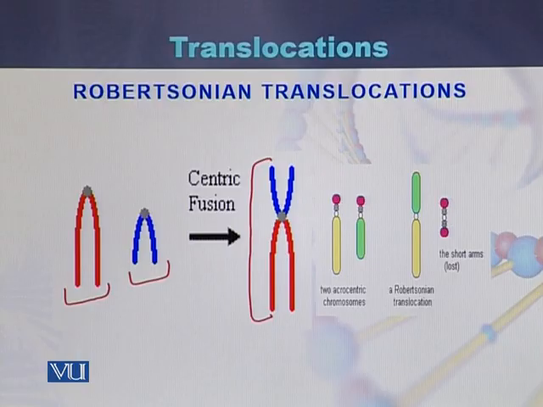In another diagram, we can see the small fragments of DNA are deleted, and as a result of translocation, the large fragments join with each other. This phenomenon is called Robertsonian translocation.